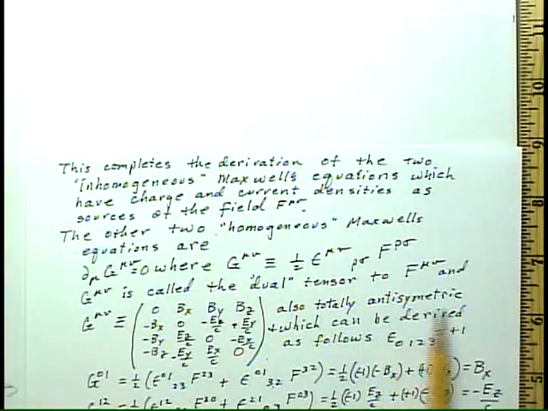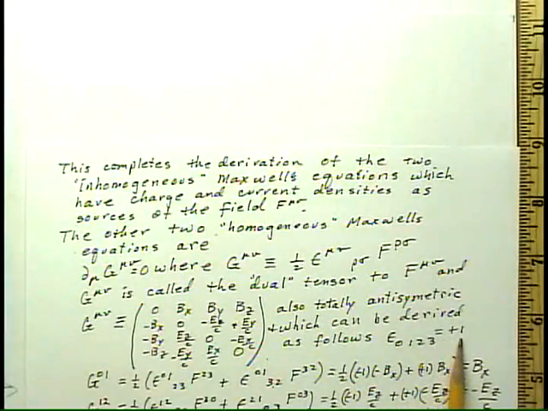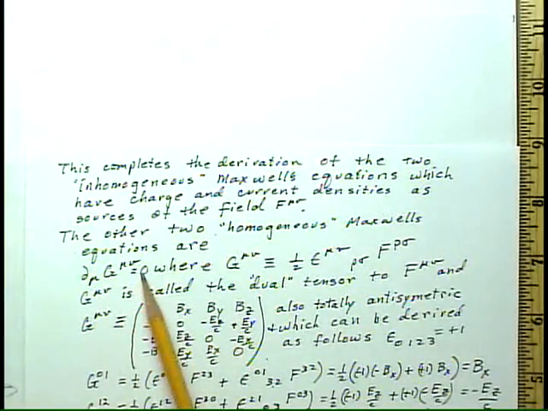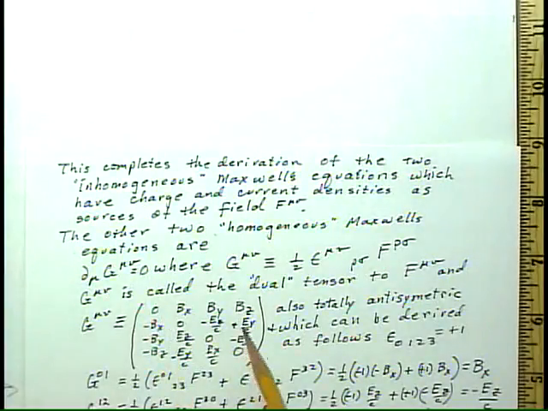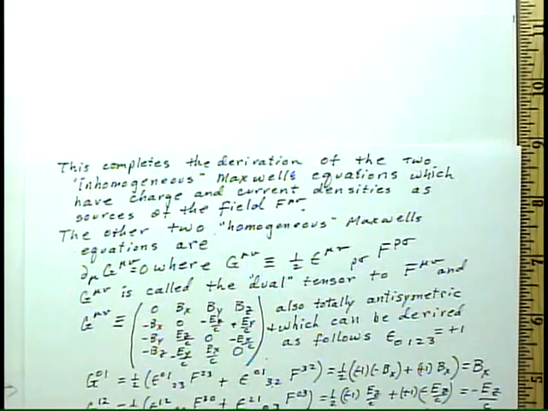This also is a totally antisymmetric tensor, and we have used here the expression where epsilon 0, 1, 2, 3 with all lower indices is equal to plus 1. Now there are two equations that are homogeneous that can follow from this equation right here. And you'll notice that in the dual tensor, the electric and the magnetic fields have exactly changed roles, where the magnetic field is now in the time column and the time row, whereas the electric field is in the spatial part.